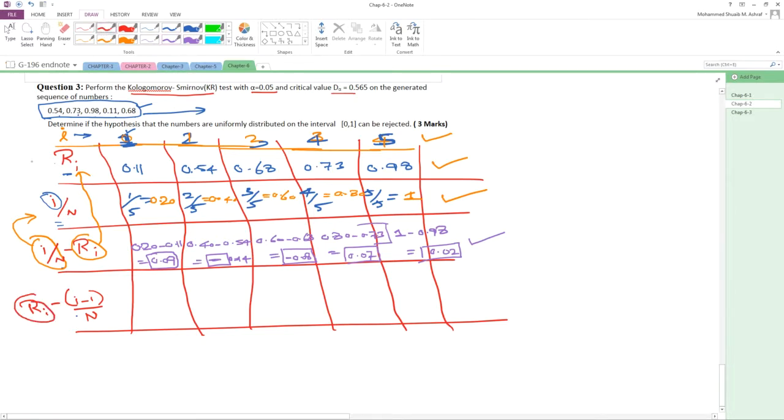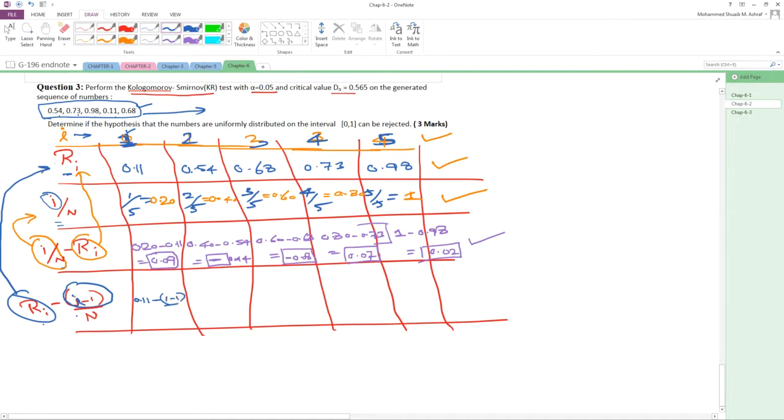Now next, R I is this, I minus 1. So tell me the value of R I. What is R I? R I is 0.11 minus, what is the value of I? 1.